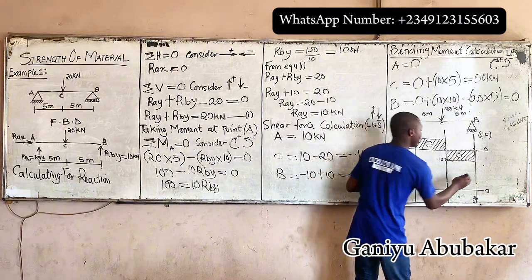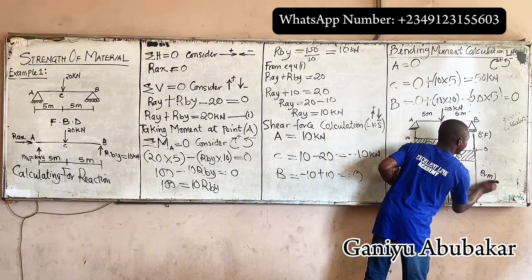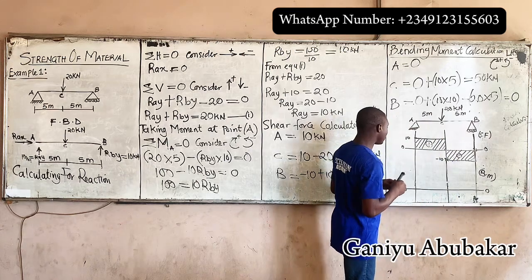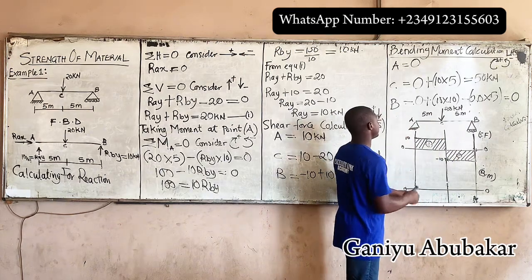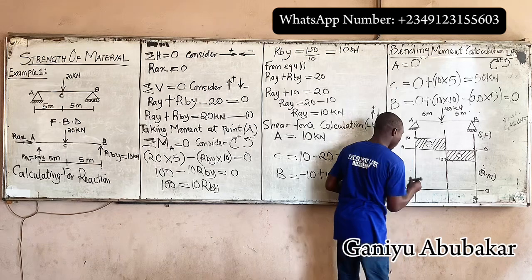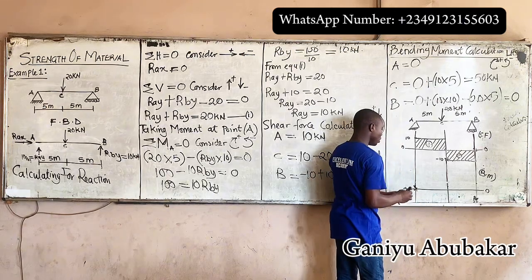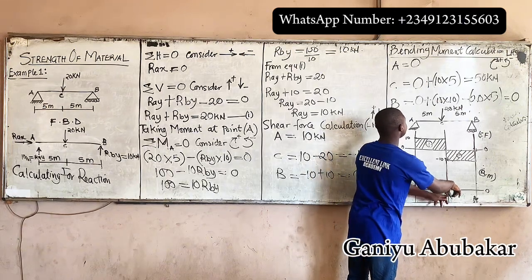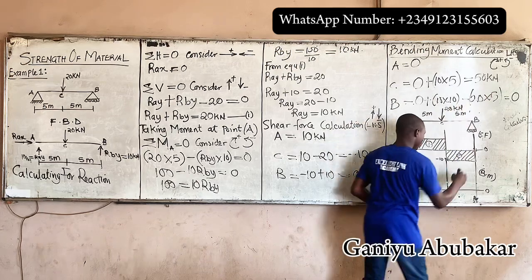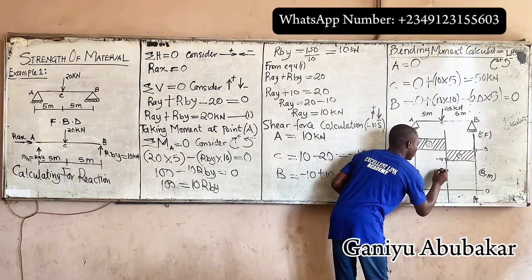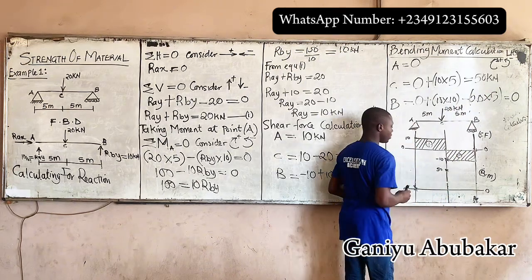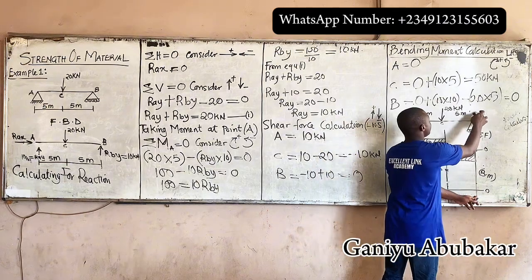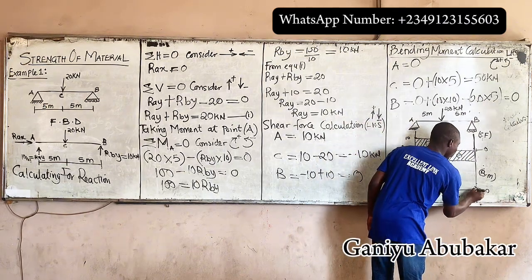Now, this becomes my bending moment diagram. At point A, what is the bending moment? 0. So I have here 0. At point C, that's 50. So let's go somewhere up here. Let's call it 50, right? At point B is 0.